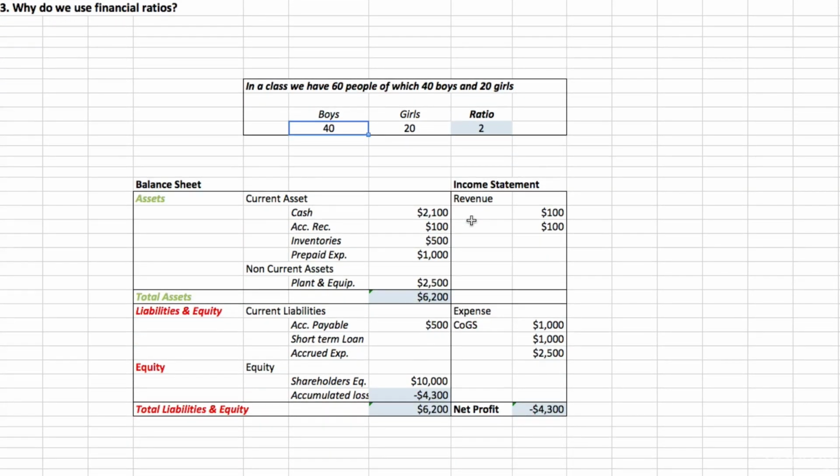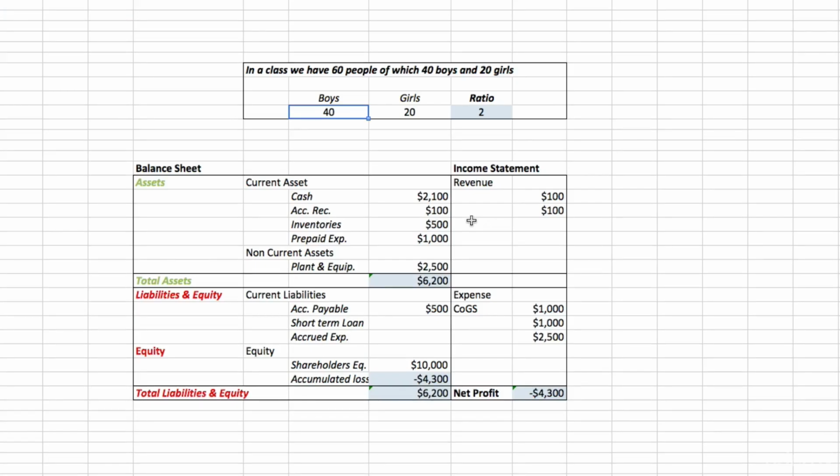Financial ratios are actually comparison between items that we can either find on our income statement, or we can find on our balance sheet, or we can find on both of them. In other words, we can use financial ratios to measure the performance of any business, and that's why those are also called performance measurement. So we are going to assess the performance of any business by looking at their financial ratios.